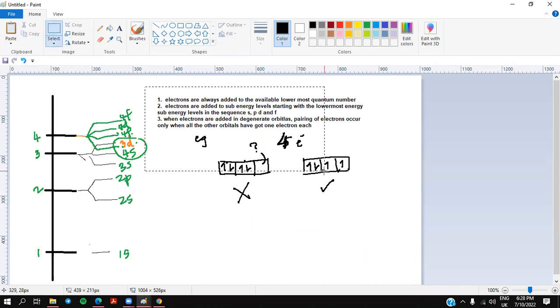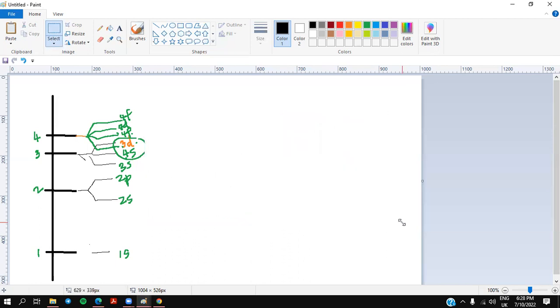If I write electronic configuration for these atoms, I'll take one example. Let's say beryllium. Beryllium has atomic number 4. Atomic number 4 means there are 4 protons and 4 electrons also. How are these electrons arranged?